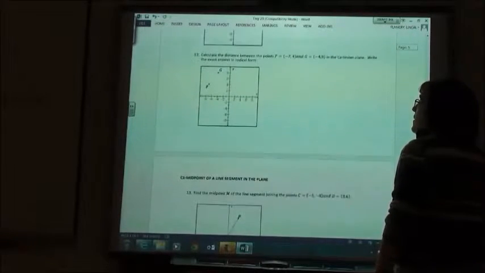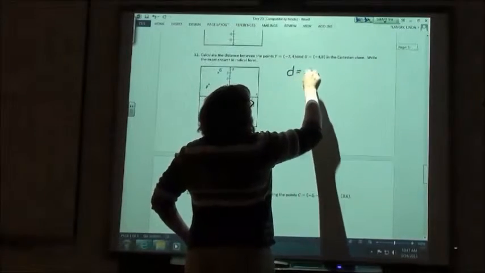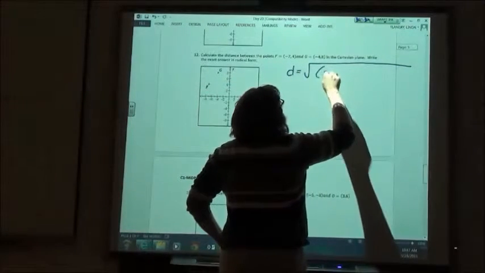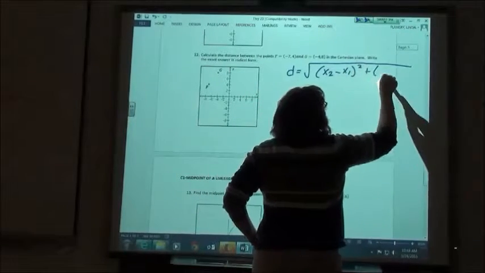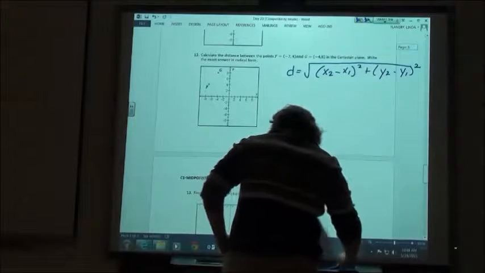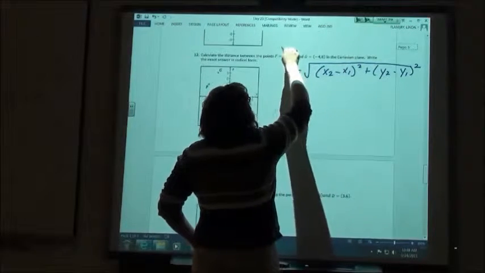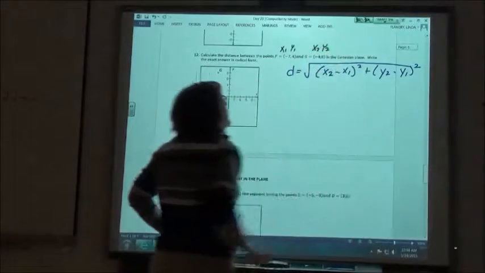So number 12, same kind of thing. I'm going to use my distance formula. So the distance is equal to the square root of x2 minus x1 squared plus y2 minus y1 squared. x1, y1, x2, y2.